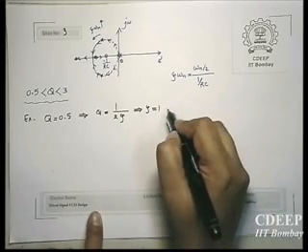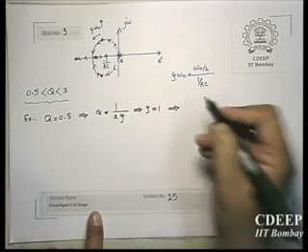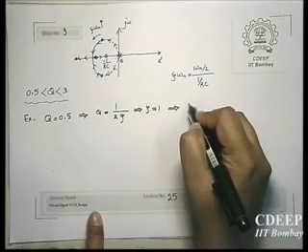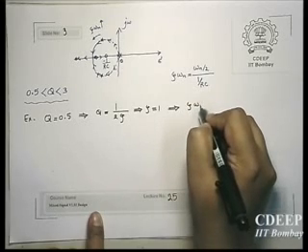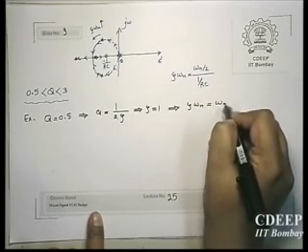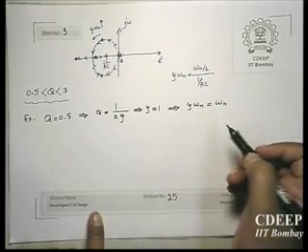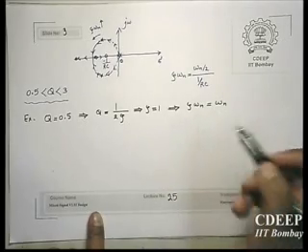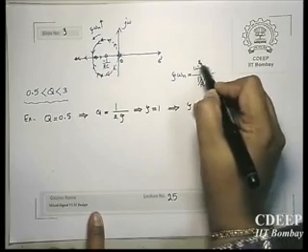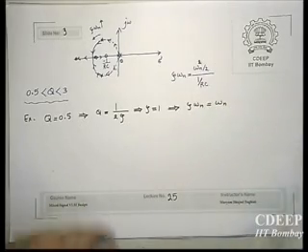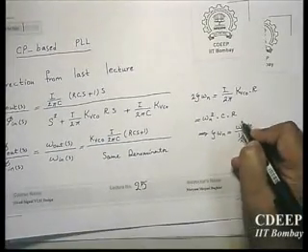And therefore this means that your zeta omega n is the same as omega n. And zeta is equal to 1. By the way, this is omega n square.